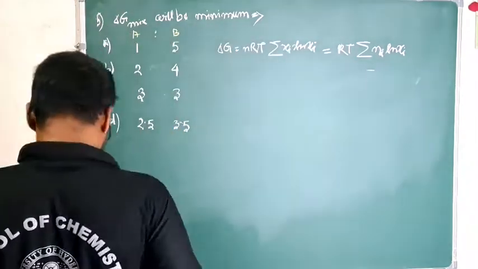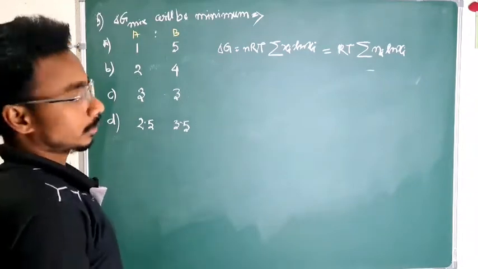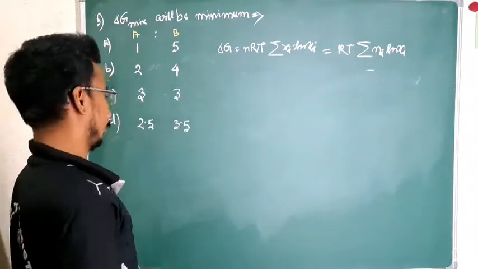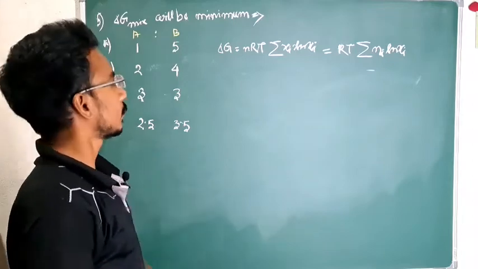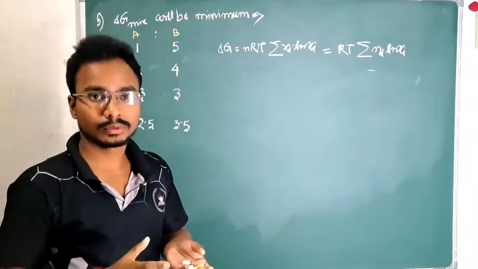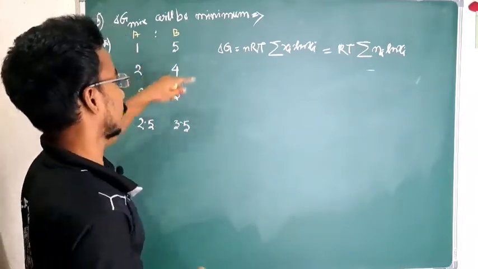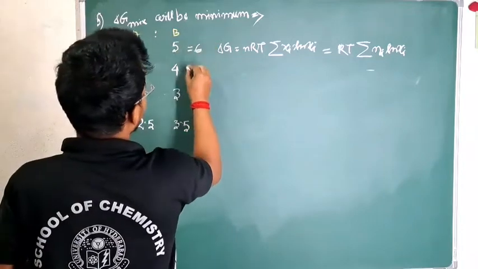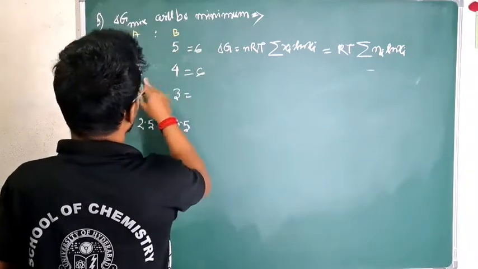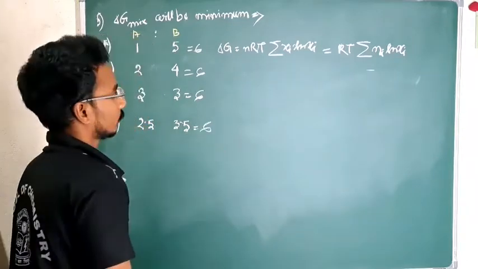So what will you do? Would you calculate for all the 4 options? No. Let me give you one hint: first look at the total moles they are giving. Calculate that: 1 plus 5 equal to 6, 2 plus 4 equal to 6, 3 plus 3 equal to 6, and these are also 6.